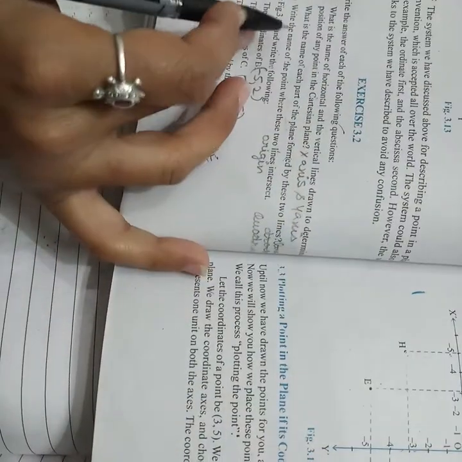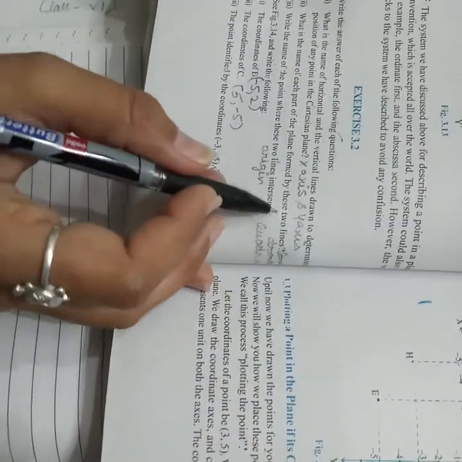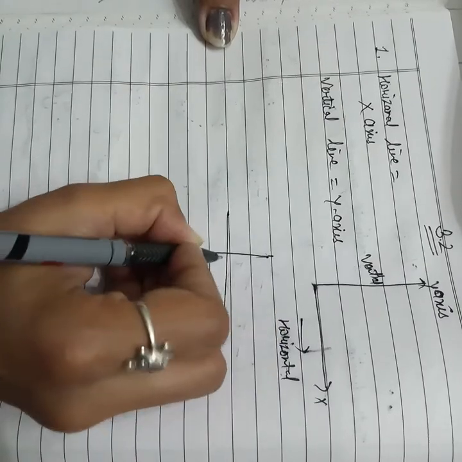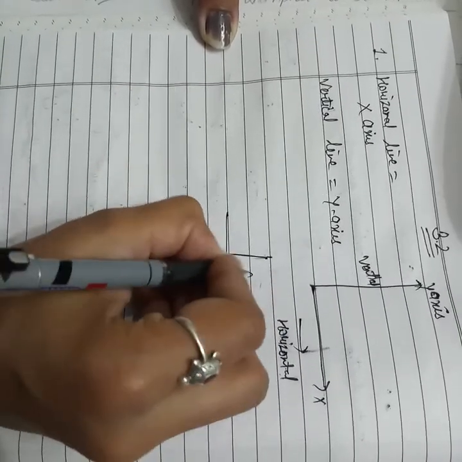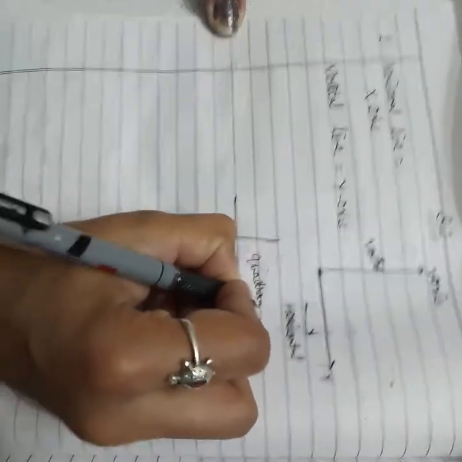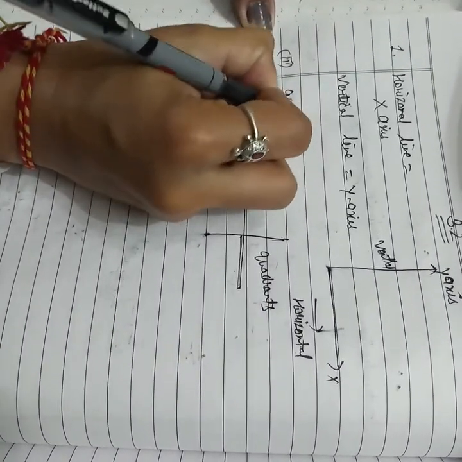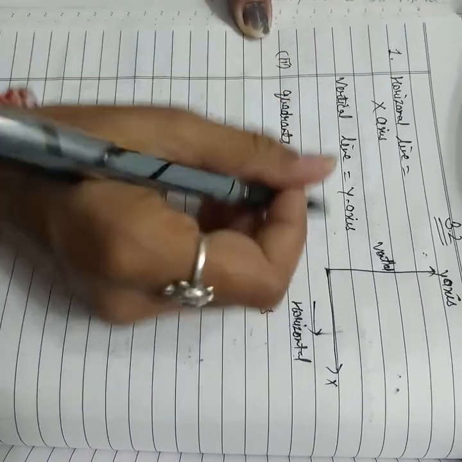Now, what is the name of each part of the plane formed by these two lines? We already learned that by these two lines the planes are formed, and these planes are called quadrants. So the second part is quadrants.